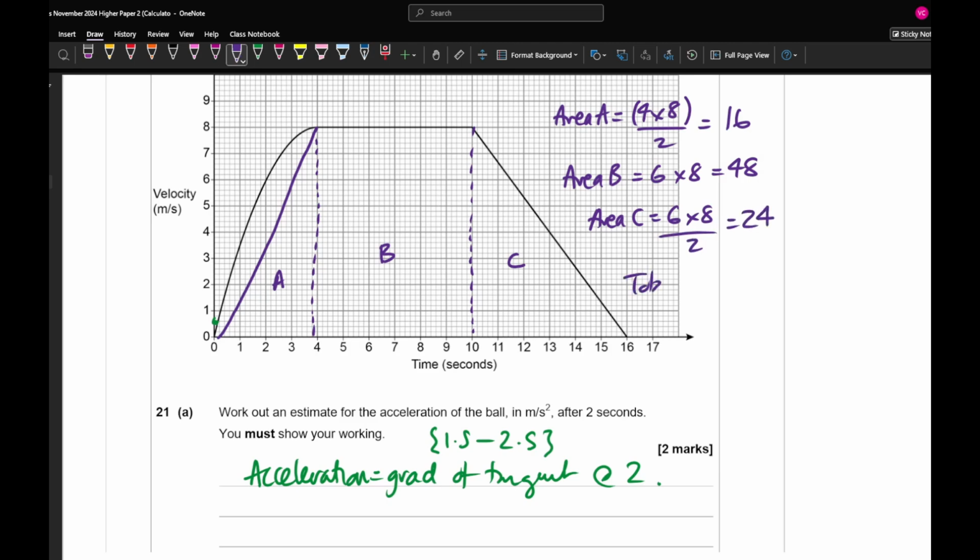So the total distance is going to be 16 plus 48 plus 24, giving me an answer of 88. So it's going to be 88 meters.